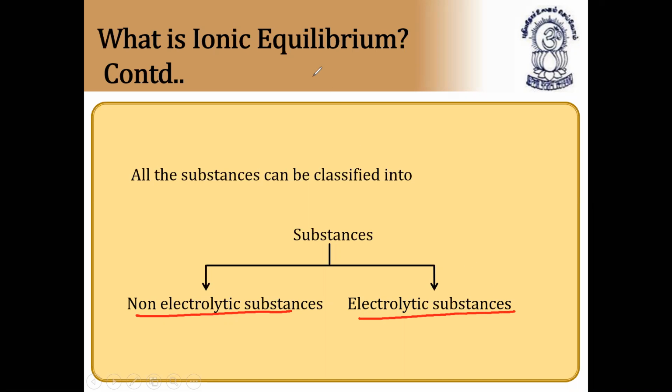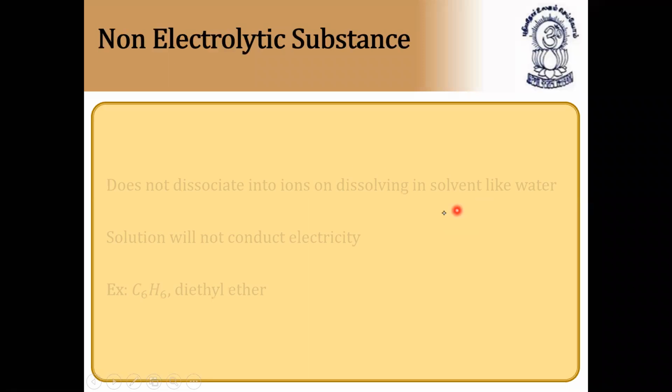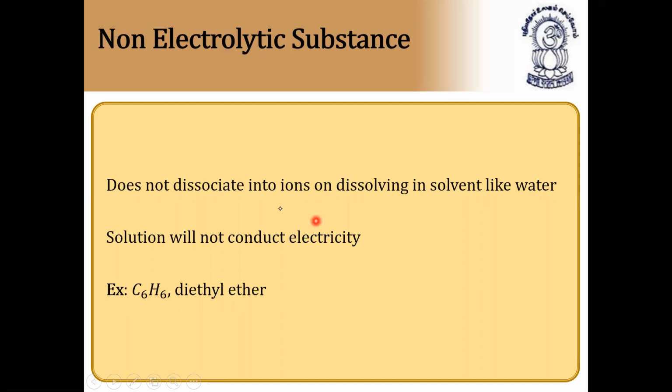It is very important to know this. The substances which do not dissociate into ions on dissolving in a solvent like water or any other solution, and will not conduct electricity, are called non-electrolytes.